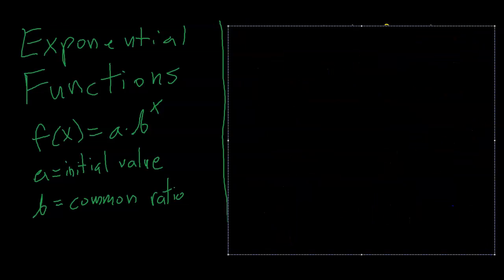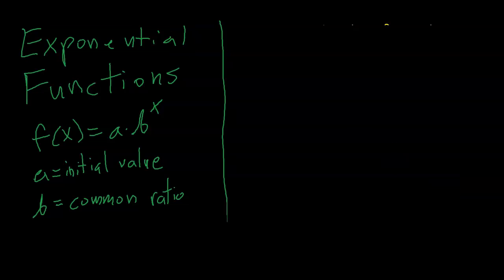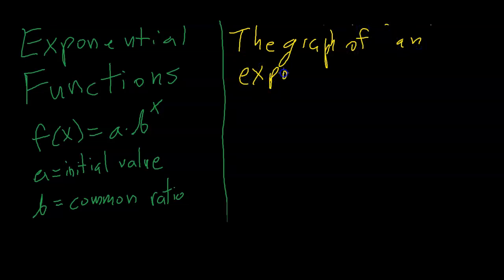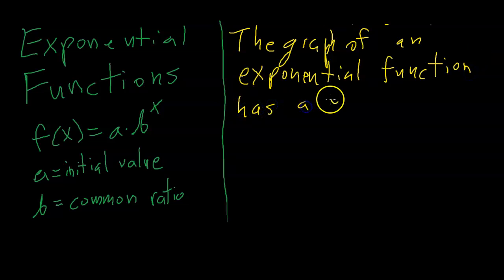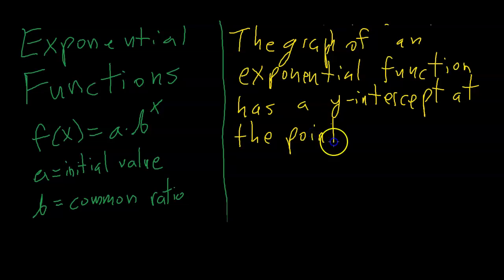Okay, so speaking of that good old y-axis, let's try to answer a question in this form. Let's say the graph of an exponential function has a y-intercept at the point (0, 1/3).